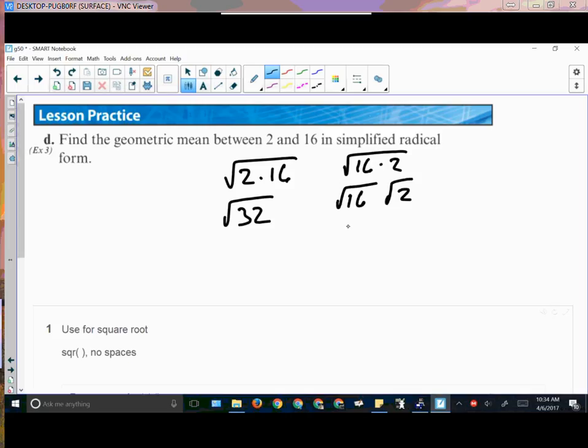Square root of 16 is 4, so it'd be 4 square root 2. So how it should have been in here would have been 4 SQR 2. That is how you would see it on a calculator depending upon what type of software is on the calculator. So just be aware of that.